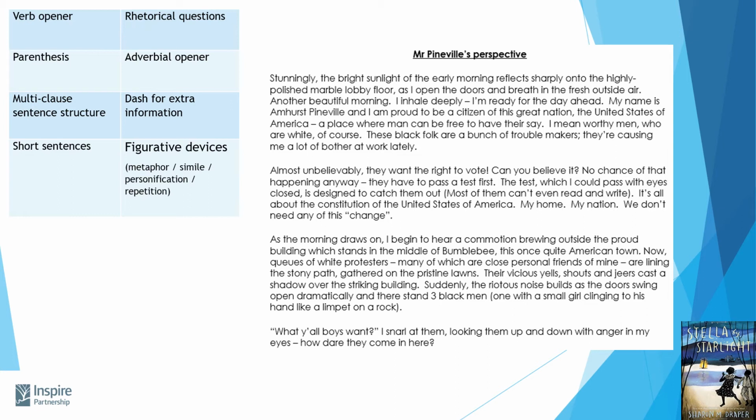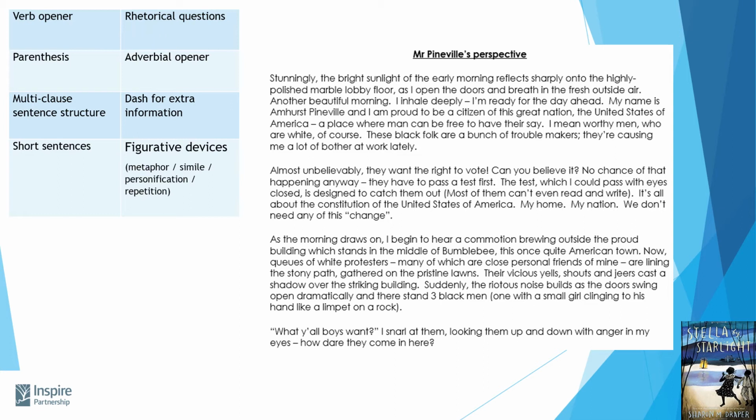As this morning draws on, I begin to hear the commotion brewing outside the proud building which stands in the middle of Bumblebee, this once quiet American town. Now queues of white protesters, many of which are close personal friends of mine, are lining the stony path, gathered on the pristine lawns. Their vicious yells, shouts, and jeers cast a shadow over the striking building.